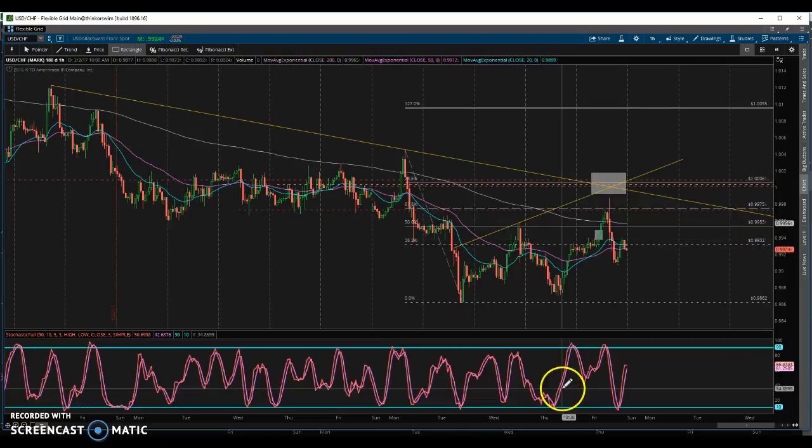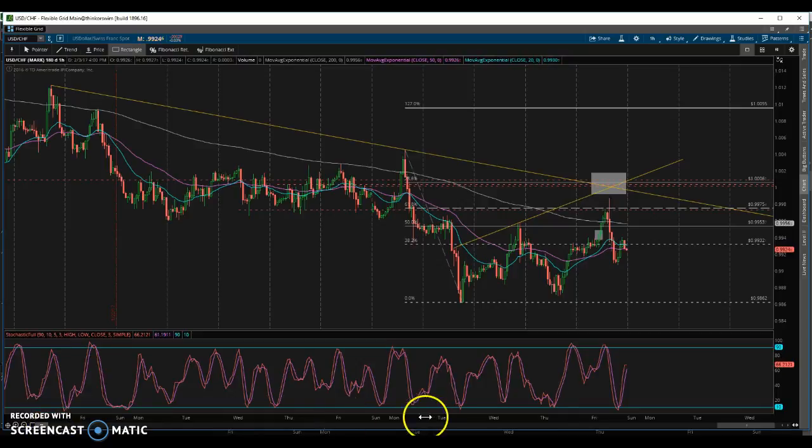That's nothing to sneeze at. And three of those trades were in profit at one time. This trade right here really never went in my favor much to do anything.